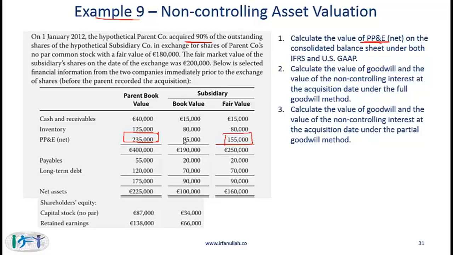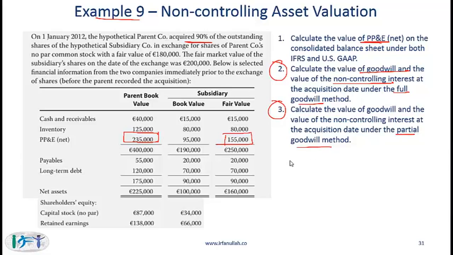Both IFRS and US GAAP say the same thing. Then parts 2 and 3 become more interesting. With part 2, we calculate the value of goodwill and the value of non-controlling interest using the full goodwill method. And then in question 3, we need to use the partial goodwill method.